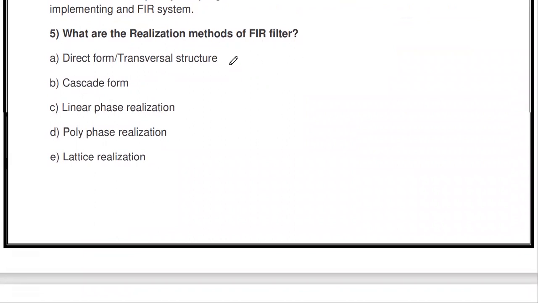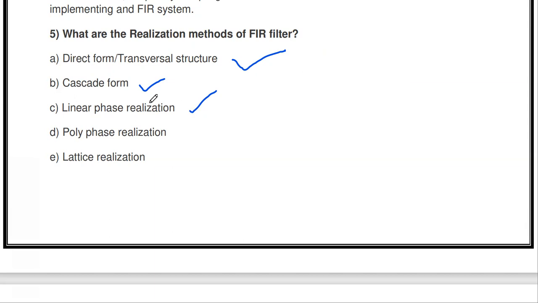The first basic structure is the direct form or transversal structure. The second is cascade form. The third is linear phase realization, which is very important in FIR filters.